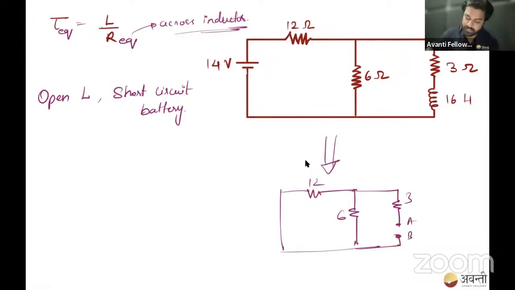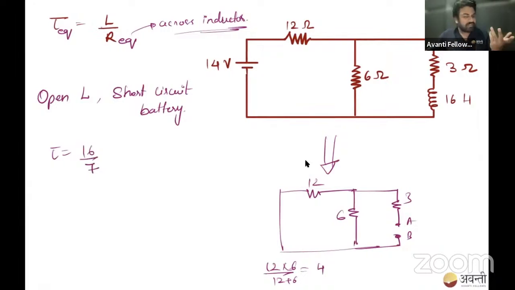So how much will it be? This is 12, this is 6, both are in parallel, so it will be 12 into 6 upon 12 plus 6, that is 4. And 4 and 3 are in series, so total is 7. So tau is equal to L, that is 16 upon 7. Clear?